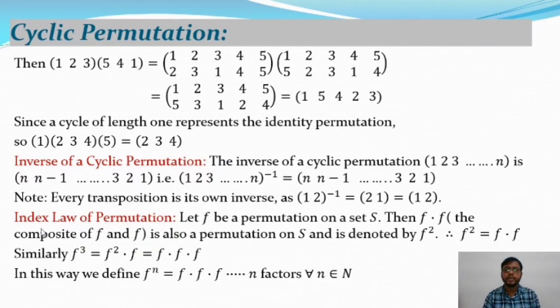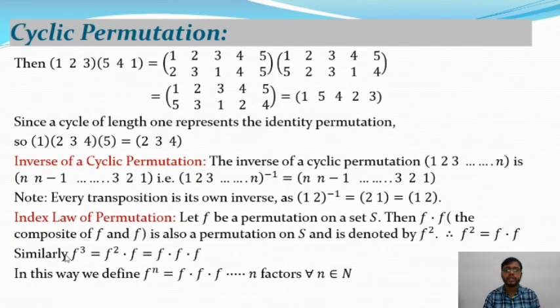So after that we will define the index law of permutation. So here is the definition. Let f be a permutation on the set S. Okay, so then f∘f, the composition of f and f, is also a permutation on S, and it is denoted by f squared. So f squared is equal to f∘f, and similarly f to the power 3 is equal to f squared ∘ f, and you know that f squared is equal to f∘f.